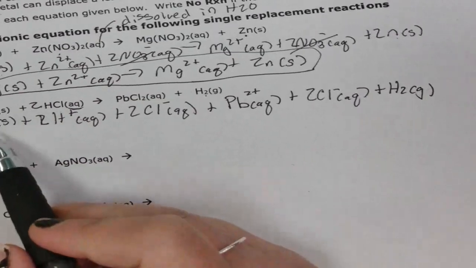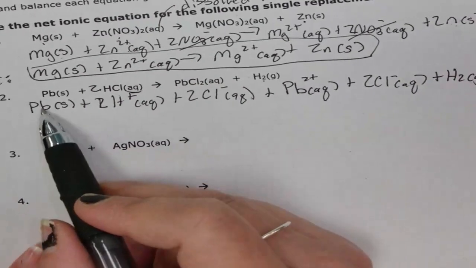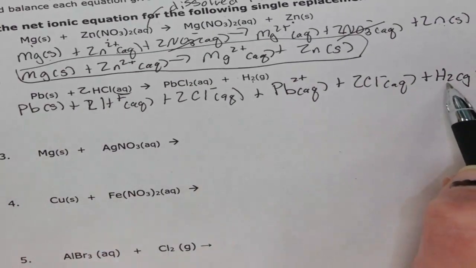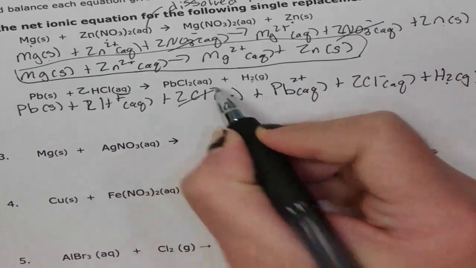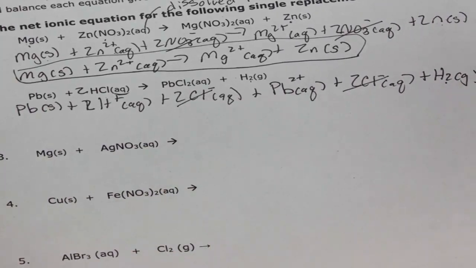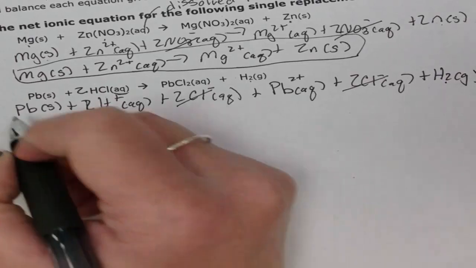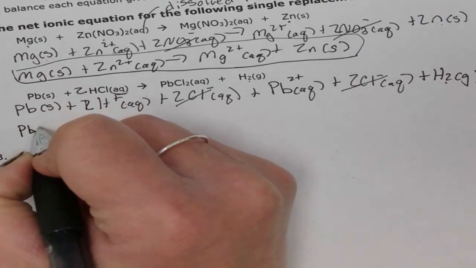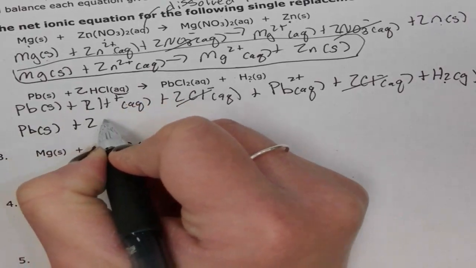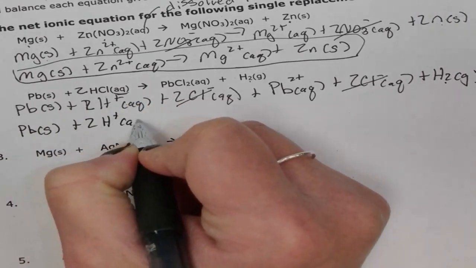So what do I notice? I have solid lead, and I have gaseous hydrogen. So chlorine is not part of the lead or the hydrogen, so I mark that out. And I simply rewrite everything that is remaining.